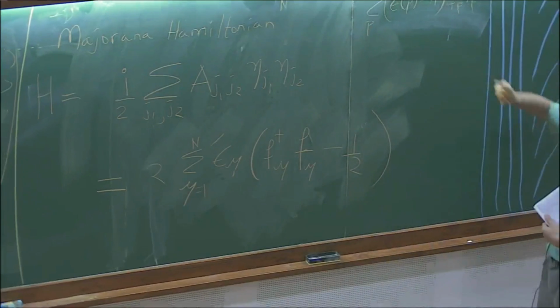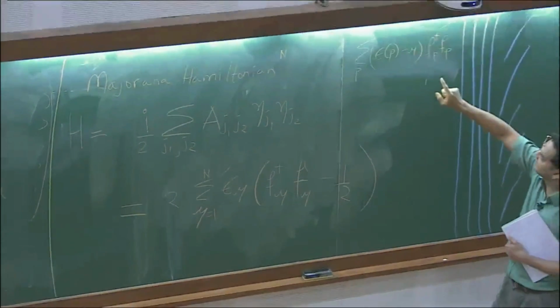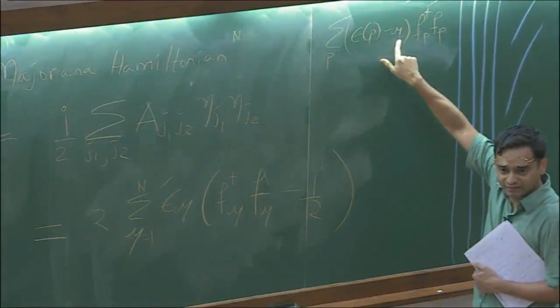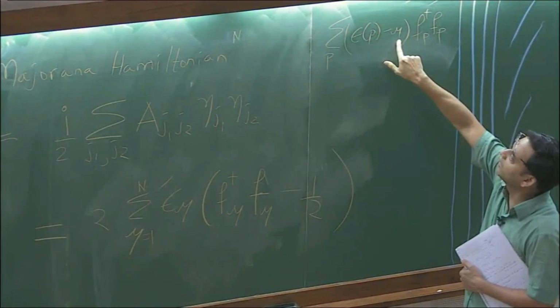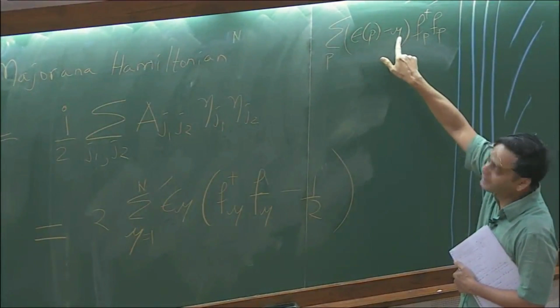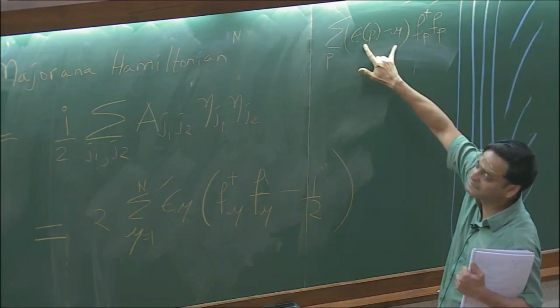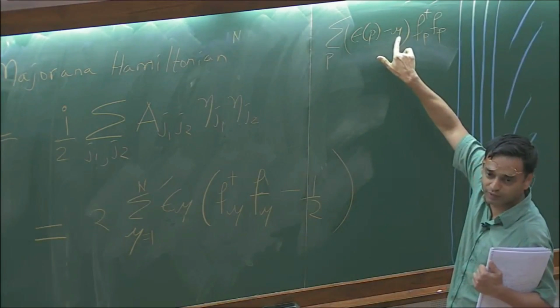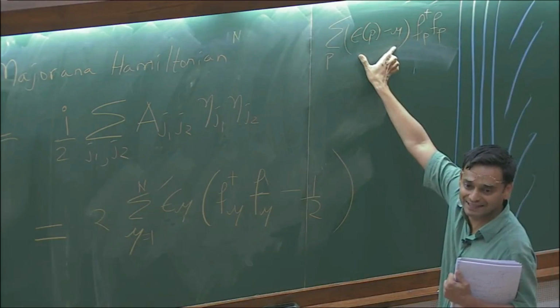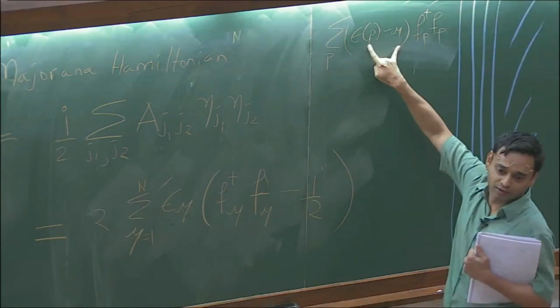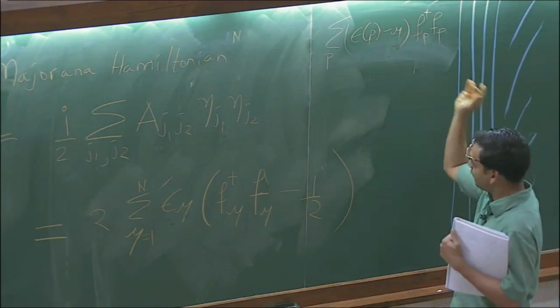We say, oh, the Fermi-Dirac distribution at zero temperature says all energies up to mu will be filled, right? And all energies where epsilon P is bigger than mu will be empty, right? And what is that distinction? Why did we say up to mu? Because when this thing in brackets is negative, you will fill a fermion. If it's positive, you will not, right? That's why you stop at mu.